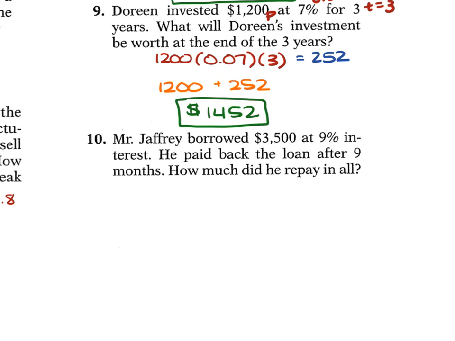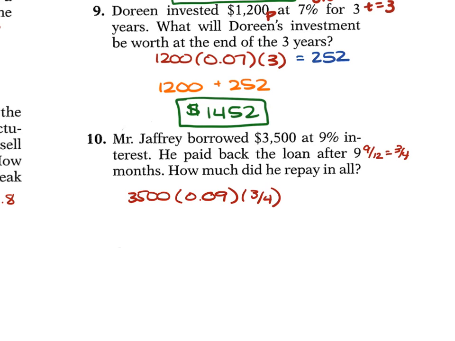For 10, it says Mr. Jaffrey borrowed $3,500 at 9% interest. He paid back the loan after 9 months. How much did he repay in all? So the 9 months is 9 out of 12, which is 3/4 of a year. So we are going to do the 3,500 times the 9% as a decimal, so it's 0.09, times the amount of the time in years, so it's 3/4, or 0.75.